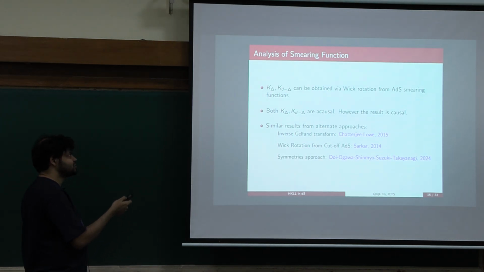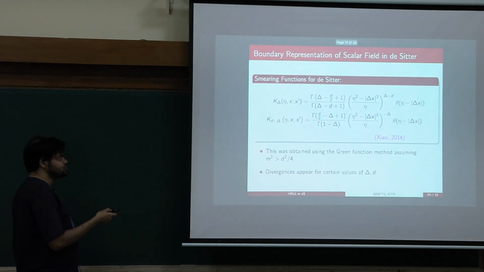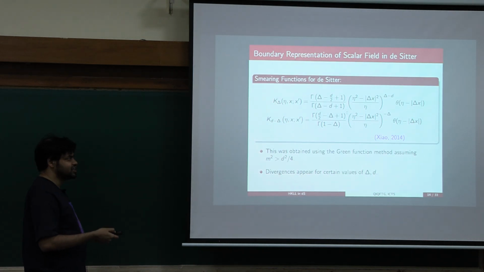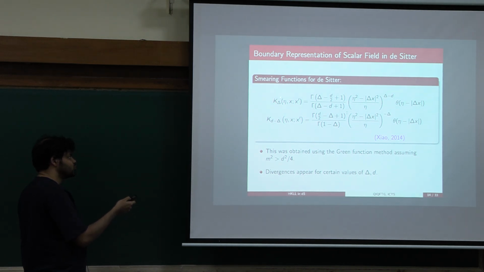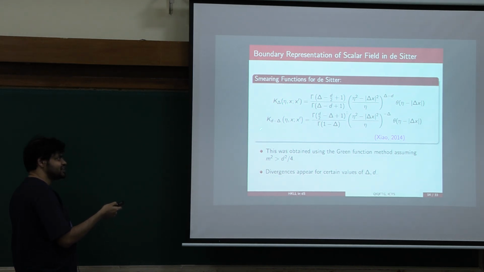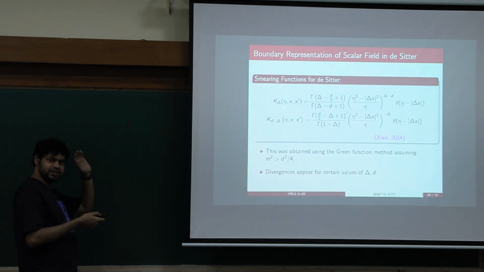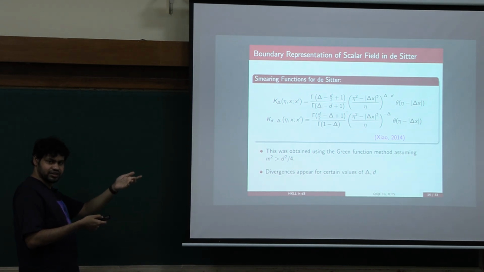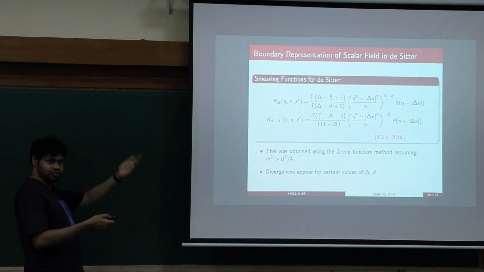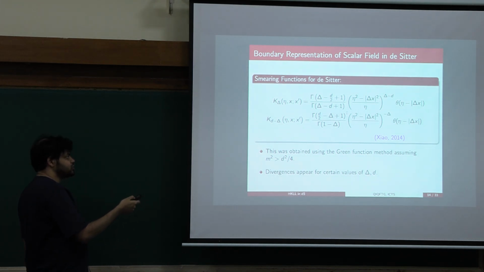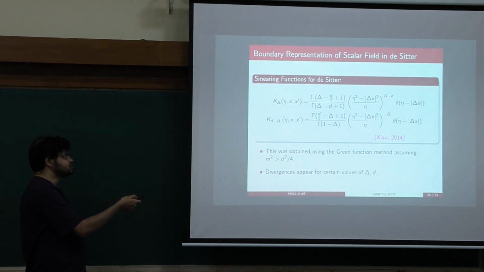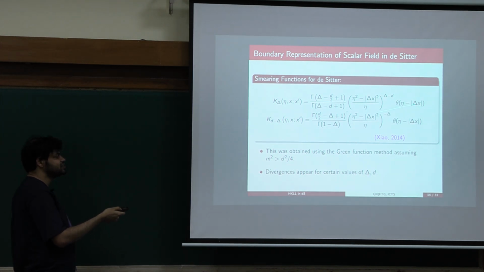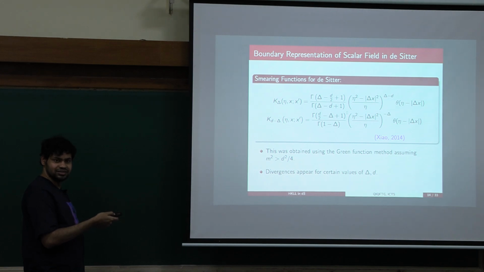And so some facts about this smearing function. If you started with AdS, and if you consider two different scalar fields, one with conformal dimension delta and one with d minus delta, and took their smearing functions and Wick rotated them, as one does from going from AdS to dS, where you Wick rotate the time and also the AdS radius, then you would get this exact same formula.